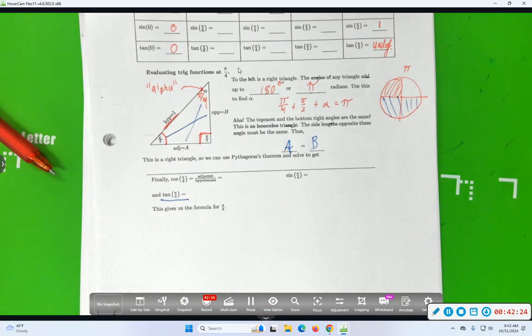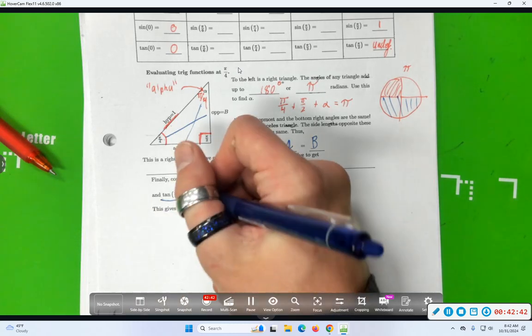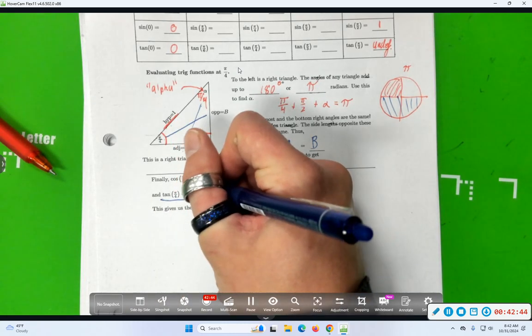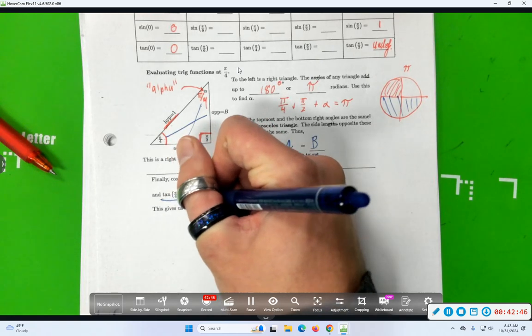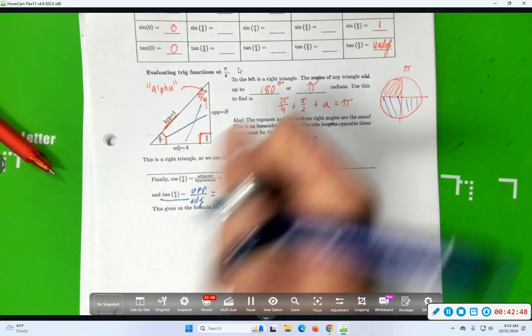So let's see. SOHCAHTOA, tangent is what divided by what? Opposite over adjacent. Tangent of pi over 4 is opposite over adjacent. What's the opposite side length?